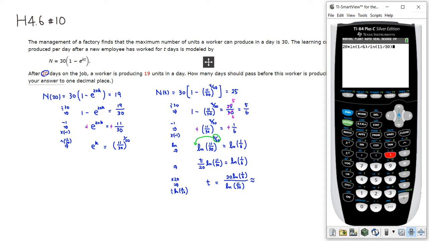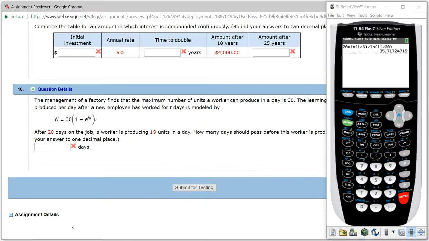Let's hit enter. So we have 35.7. So this is about 35.7 days.